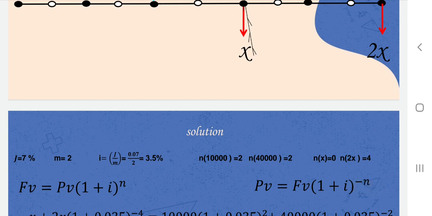And for the nominal rate j equal 7%, m equal to 2, the rate per period i will be equal 7% over 2 equal 3.5%. n for $10,000 equal to n for $40,000 equal to n for x equal 0, n for 2x equal 4.